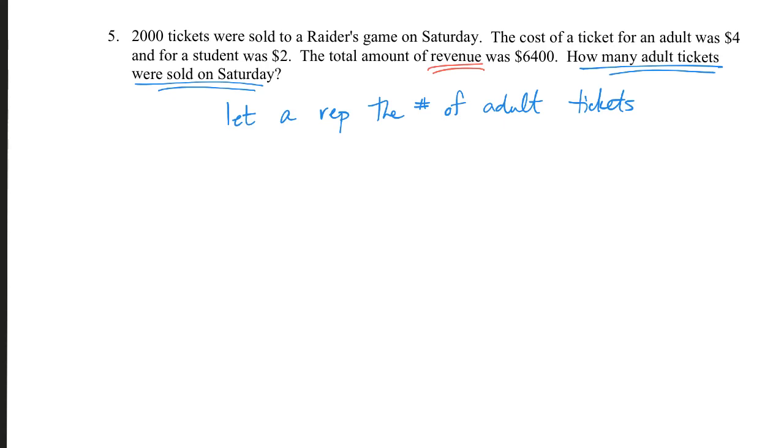Okay, we're back. So hopefully, back up in the original, we saw there was our quantity. So it told us that there was 2,000 total tickets that were sold. So if A is the number of adult tickets, then 2,000 minus A is the number of student tickets.